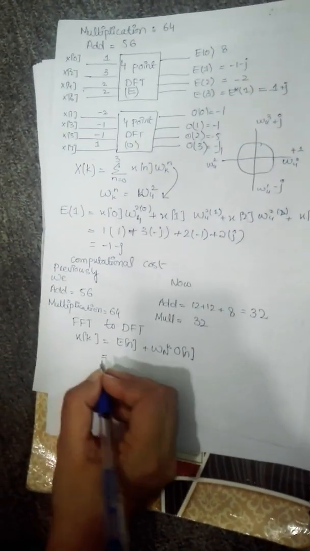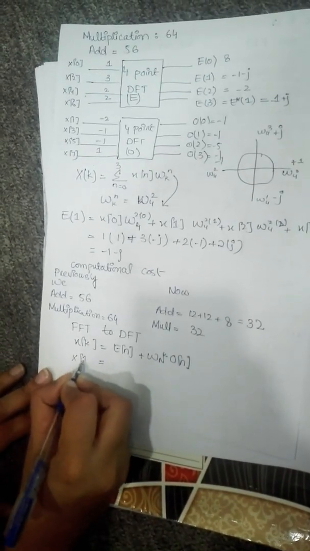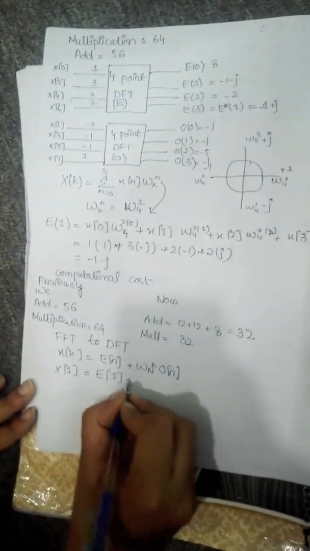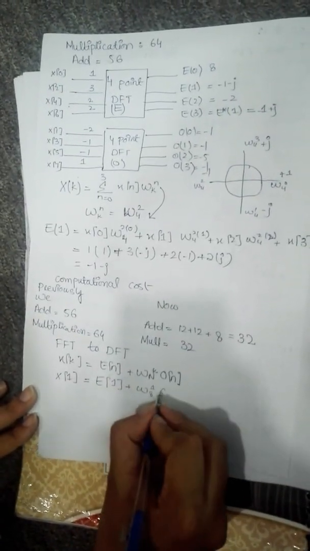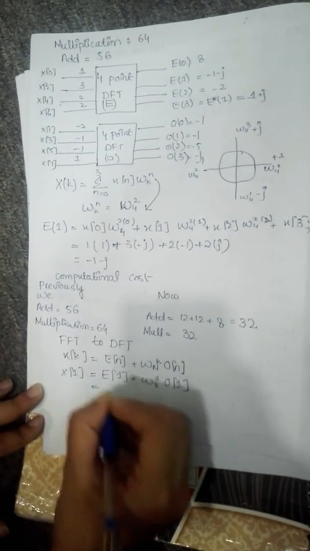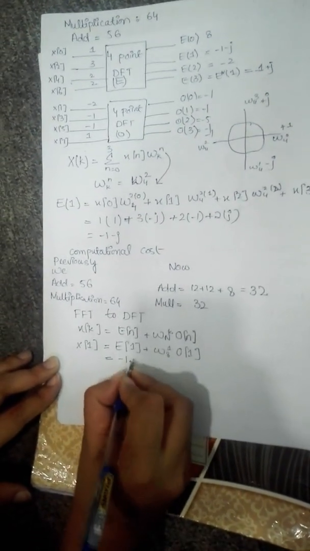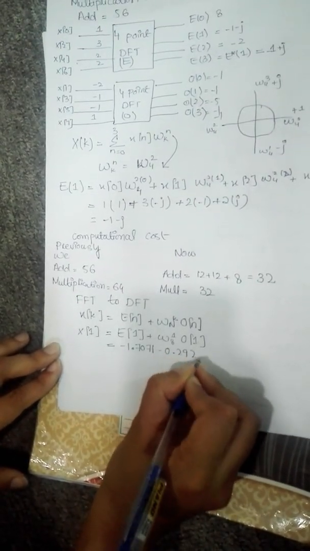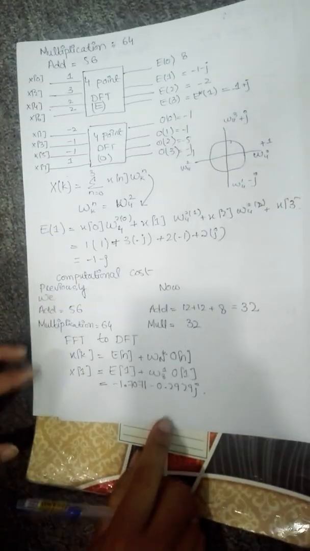I will show you for one value, let's say X of 1. That is E of 1 plus W of 8, 1 times O of 1, and by putting the corresponding values you will get minus 1.7071 minus 0.2929j. Thank you very much.